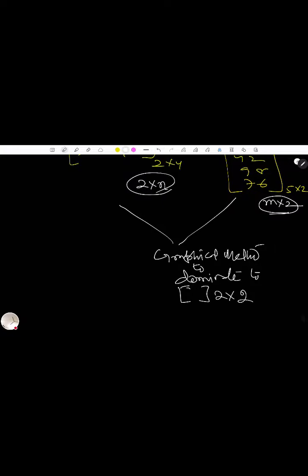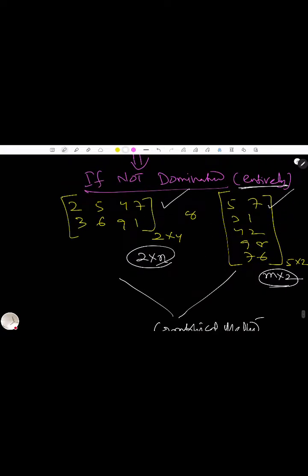So what is that graphical method? This is my player A, here A1, A2, and player B is my B1, B2, B3, B4. Let me solve one particular example, and with the process of the solution, I will tell you how this method can be adopted.